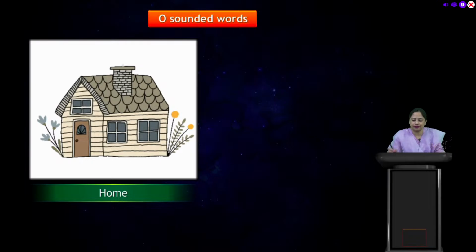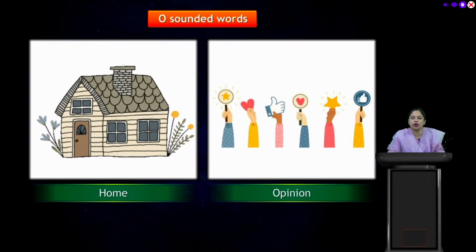HOME. Right? We'll say one more word, OPINION. So what do you think is the right sound of these words? Most people would mispronounce this. That is not the right sound. So the correct pronunciation of this word is home. Say home.